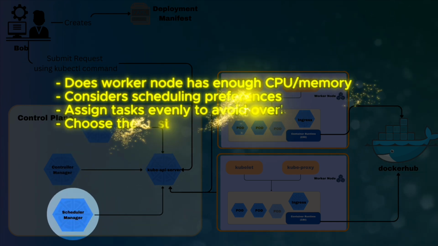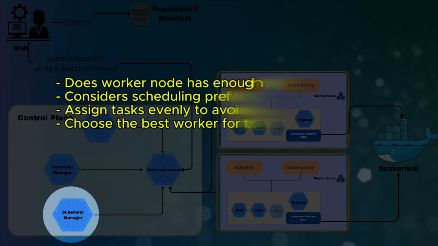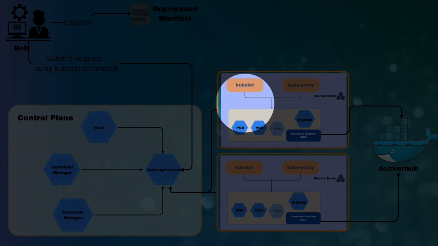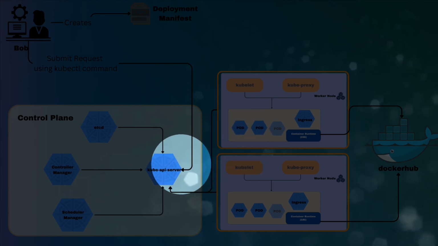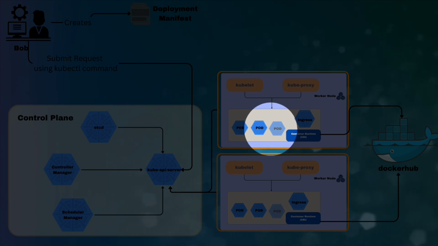Scheduler checks the cluster's available worker nodes and assigns pods to specific nodes based on resource requirements. Kubelet on each worker node communicates with the API server and creates the assigned pods on its node.